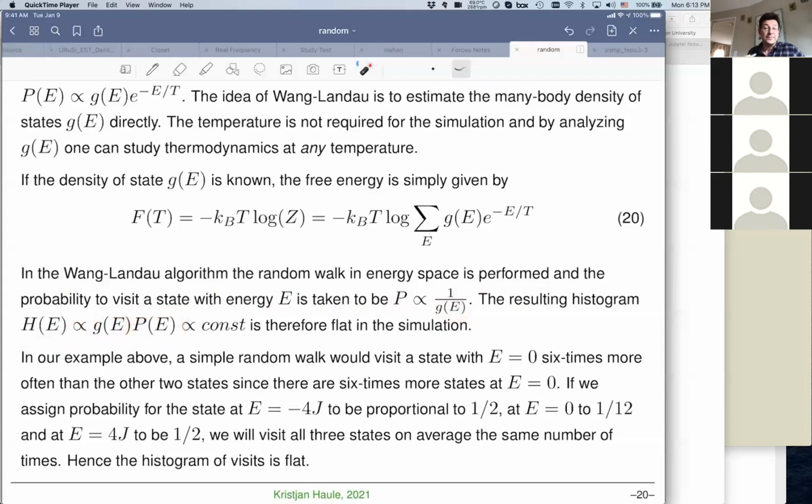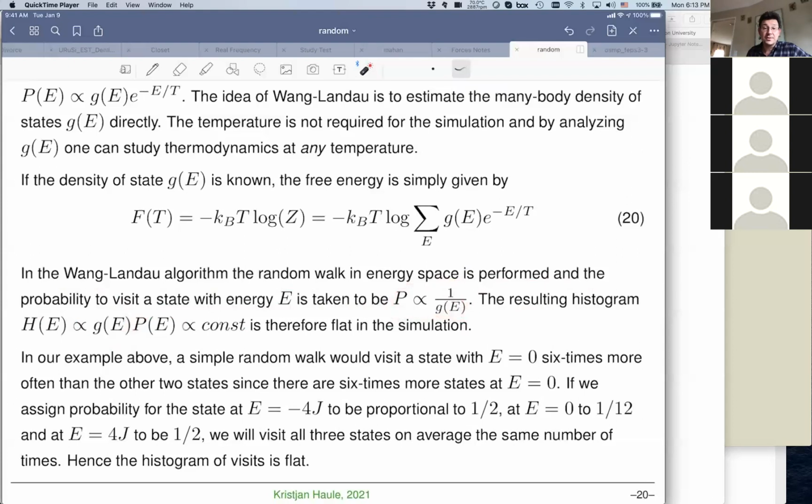Okay. So what this says is that if we run our simulation for an infinite amount of time, we should see that the histogram is flat. Why? The histogram will be flat once we simulate this for a very long time because we are visiting configurations with probability 1 over the number of many-body states.